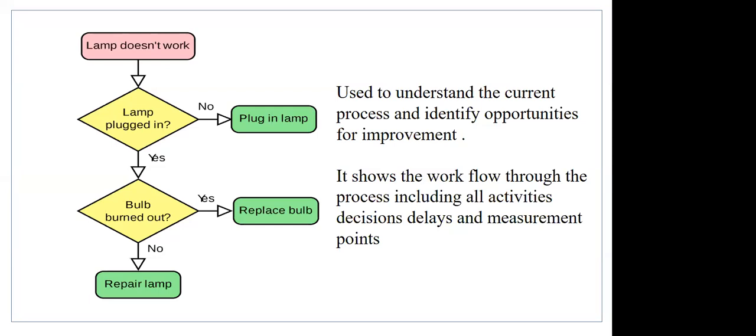If the issue persists, you want to check whether the bulb is burned or not. If the bulb is not burned, you want to give the lamp for repair. So this is the way you want to construct a flowchart.